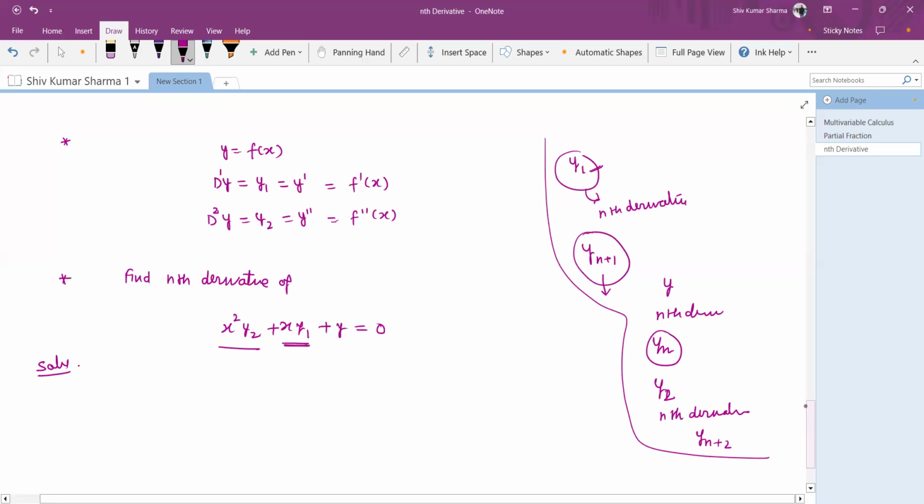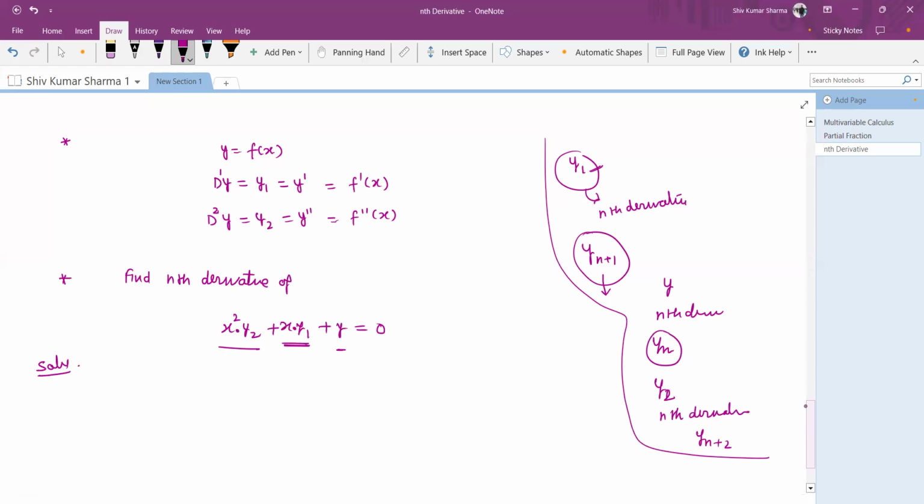Here we have a product function in the first term, and a product function in the second term also. The third term is a single function. So when we do the nth derivative of this differential equation, we use the product rule in the first term, and the same in the second term.